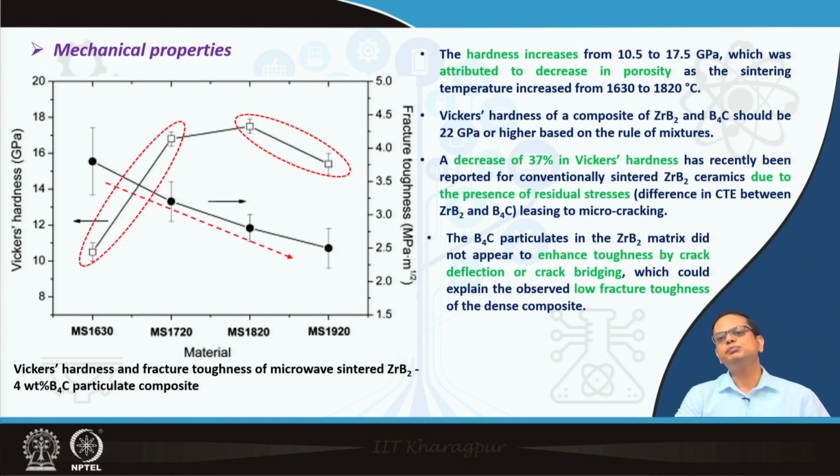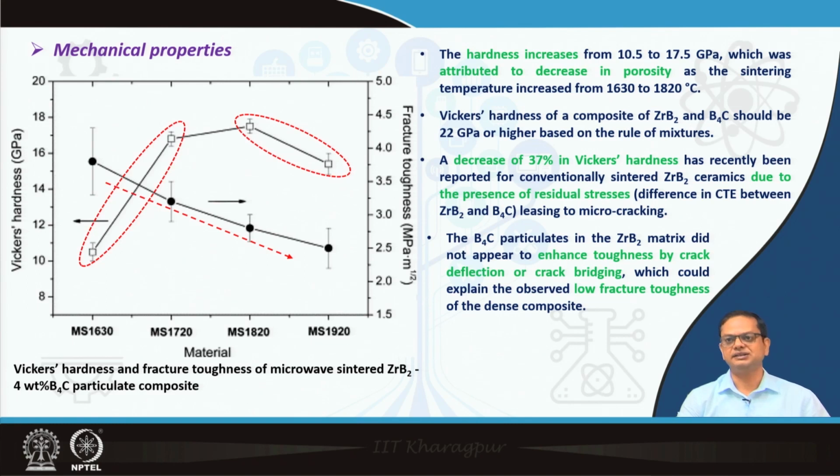However, as the porosity is getting reduced, that could be playing a role in decreasing the fracture toughness here. So, decrease in porosity in this case could lead to decreasing fracture toughness as well.